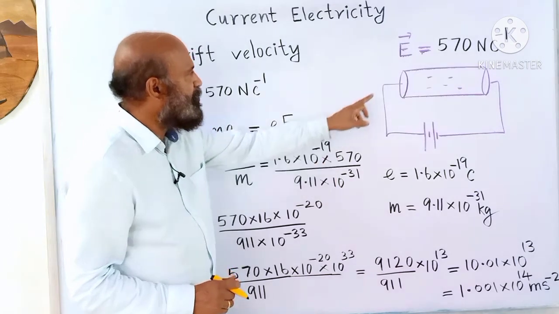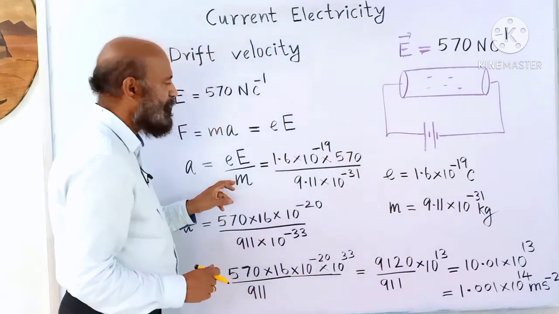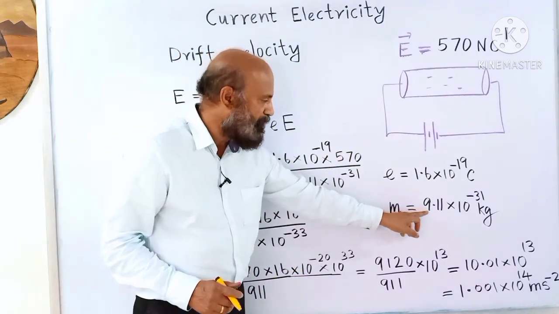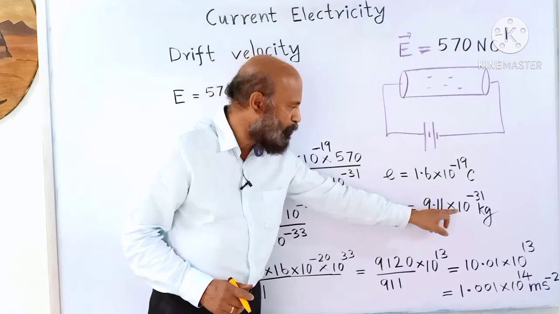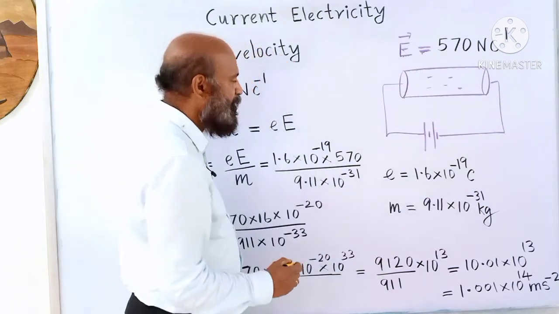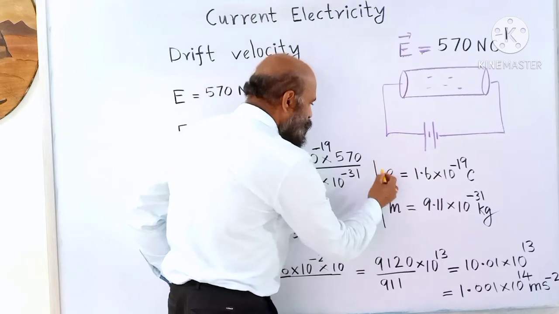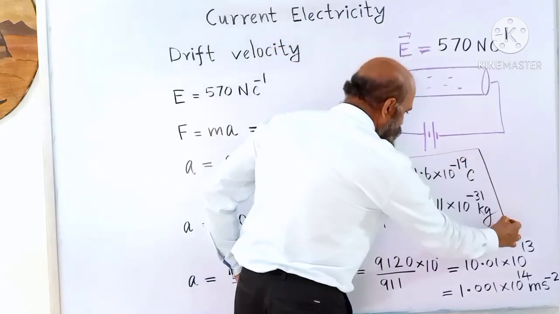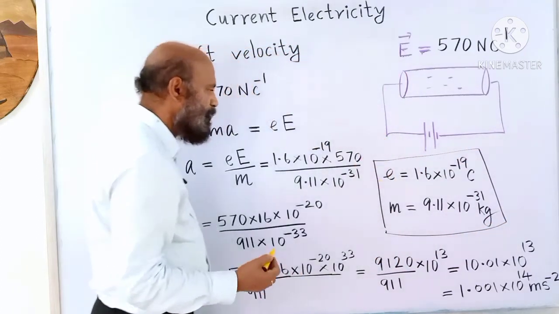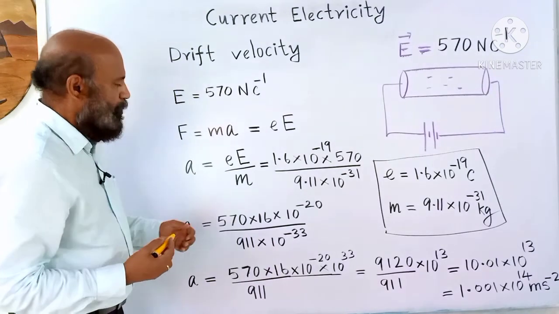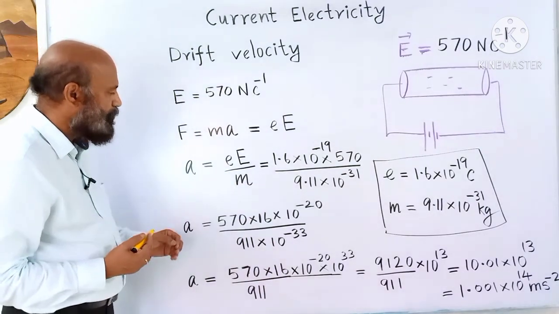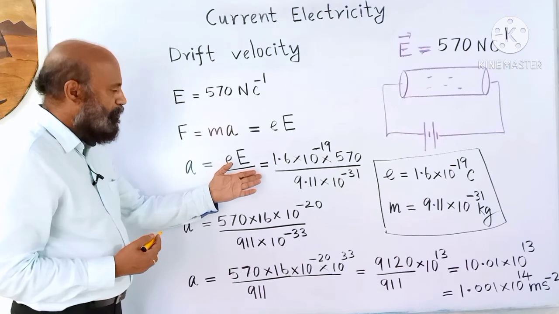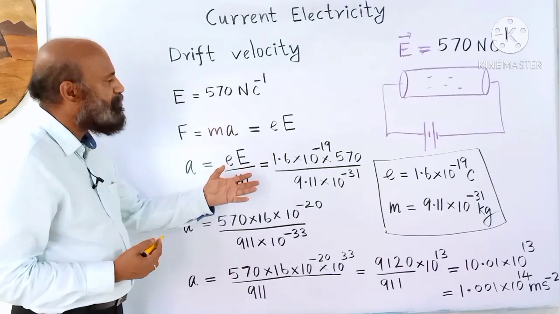Electric field intensity is 570. Mass of the electron is 9.11 into 10 raised to minus 31. These two values are very important, so you have to remember them to do this problem. Now the calculation can be made simple.